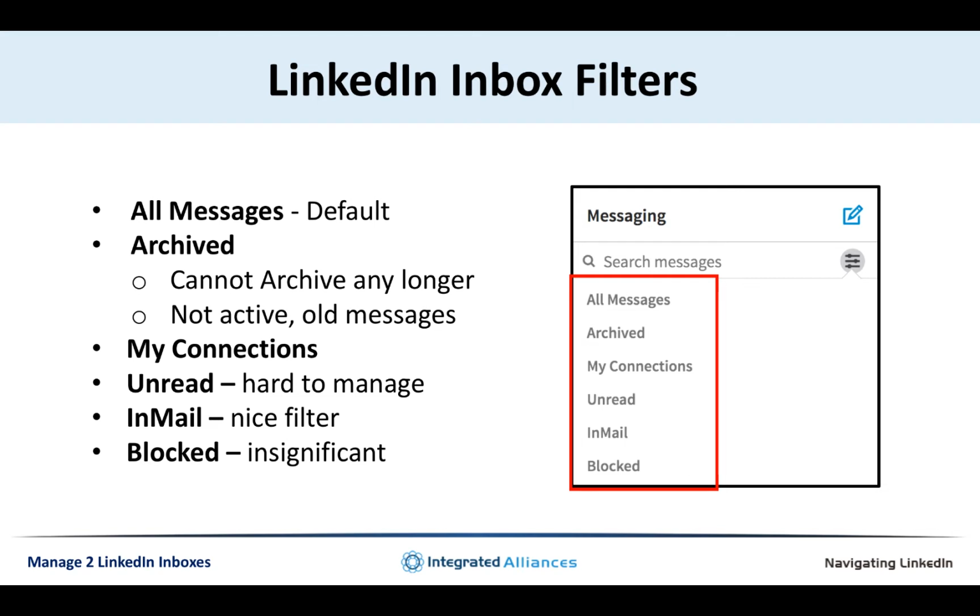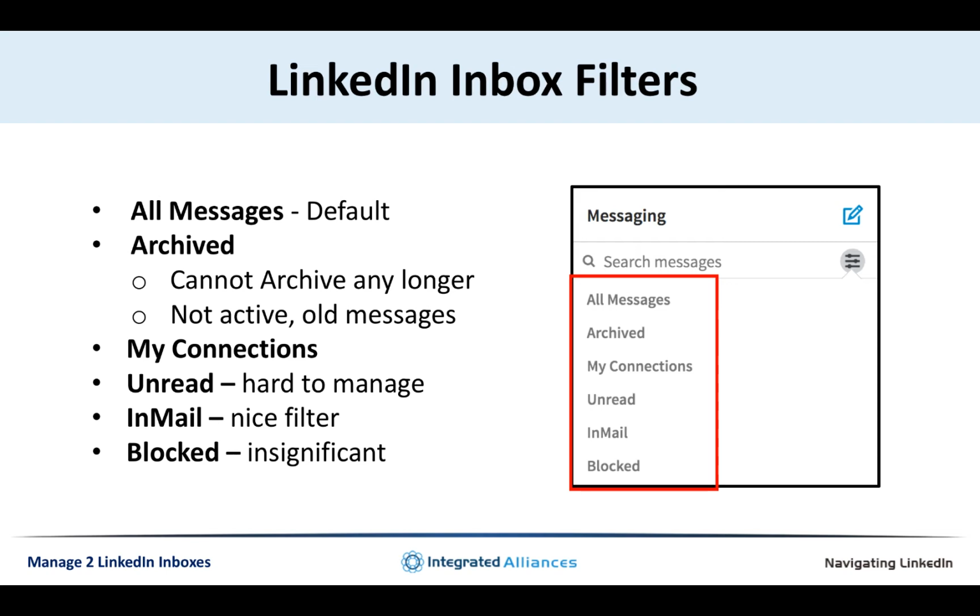My Connections just shows you messages that exclude essentially conversations from folks that are 2s and 3s. That would essentially exclude some InMail, some other things. Unread is pretty good, but it's hard to manage because you'll look at a message and you'll want to set it as unread and come back and all. And it just is a little difficult to do. If you're good at those sorts of things, knock it out, but most folks are not.